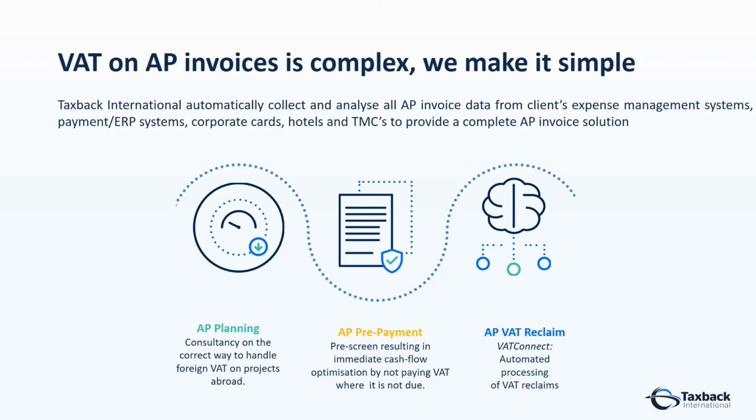Just one case in point: recently we identified two transactions of a customer, a UK-based customer acquiring goods and services on the continent. One had a VAT charge of 250,000 euros. The other had a VAT charge of 120,000 euros.